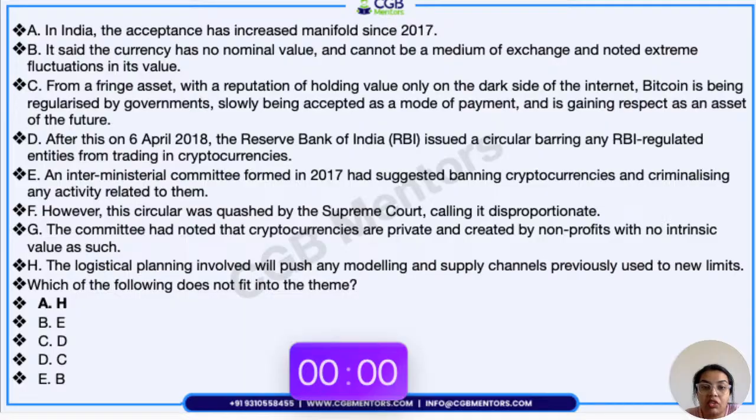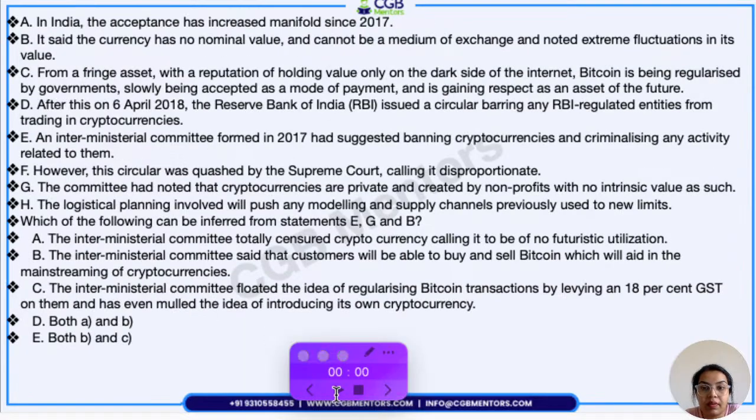Answer to this one is H. The same passage has another question. I won't say or do anything. First, you solve this, and then I'll explain both the questions together.